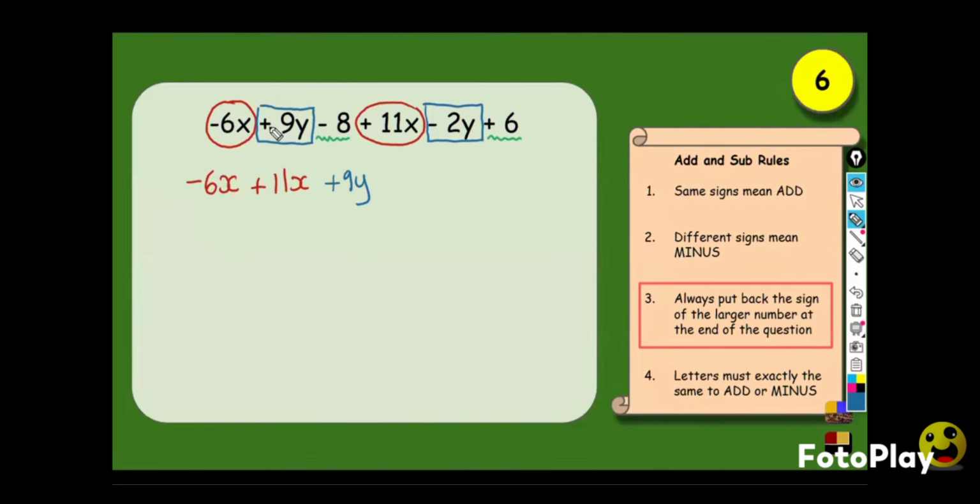Positive 9Y and minus 2Y. And then the things without X's, the minus 8 plus 6. For the X's, if you put the positive 11X first, it's still correct. The main thing here is you're dragging all these similar items to be next to each other. Everyone take them up to there. And please don't forget the signs. If something is negative, it has to remain negative when you're dragging it, right?